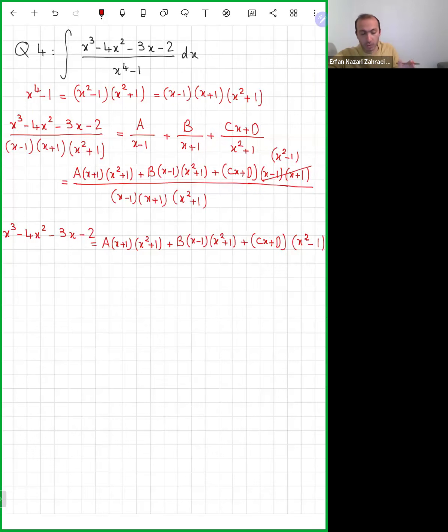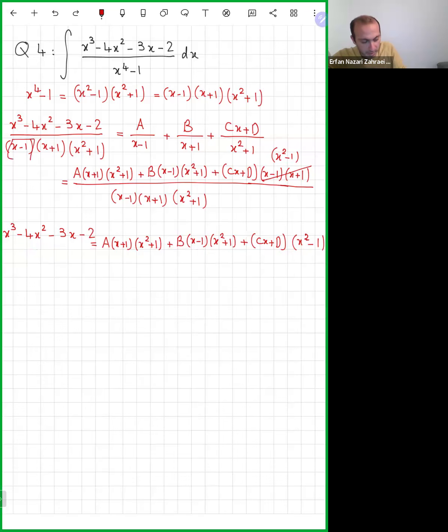So make sure to take advantage of the simple thing that I mentioned in the class: for each linear term, find one of the unknowns. For each of these linear terms, I can find one of the unknowns. How? By replacing the root of that linear term in this equation.